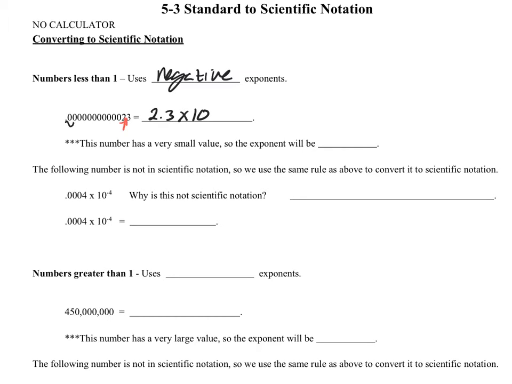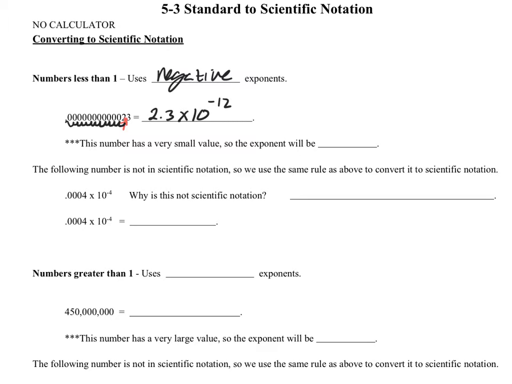So we're going to move it 1, 2, 3, 4, 5, 6, 7, 8, 9, 10, 11, 12 spaces. And because this is a small number, we're going to express it as a negative. The exponent always tells us how to undo what we just did to the number.